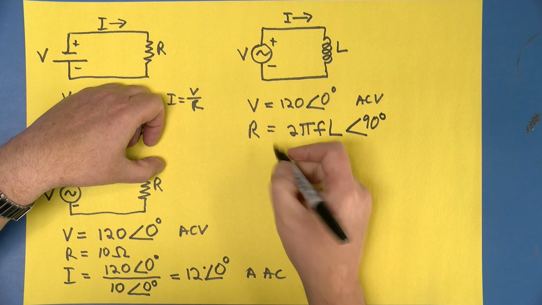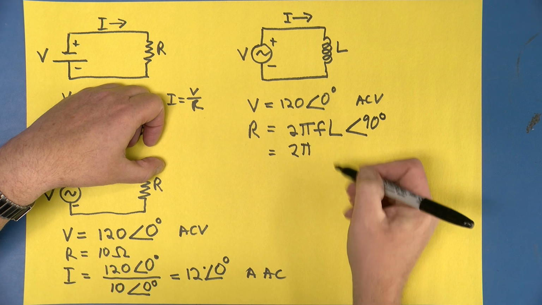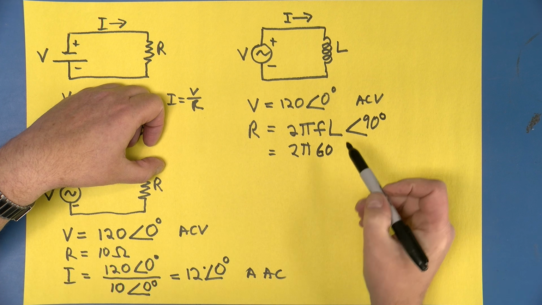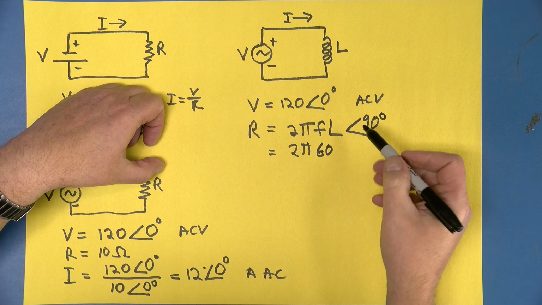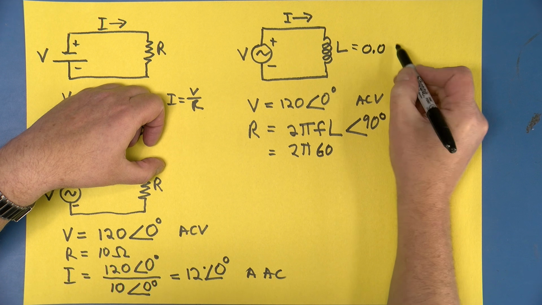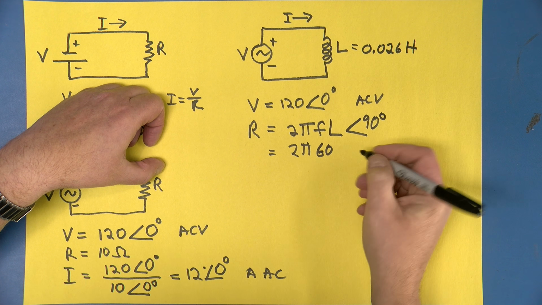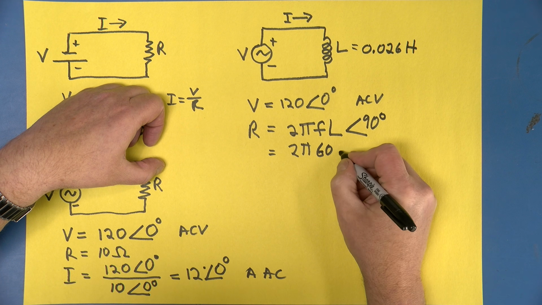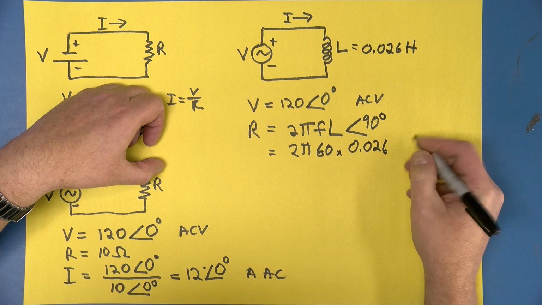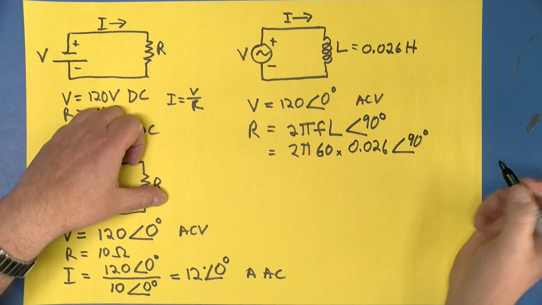Well, what I'm going to do is say, we're in Canada, so this is 60 hertz, and I'm going to say L is 0.026 henries. So that's all times 0.026 at an angle of 90 degrees.